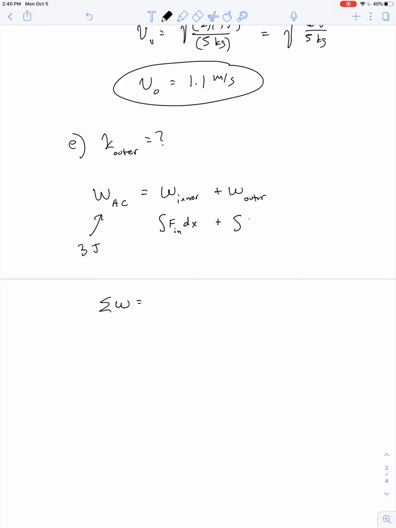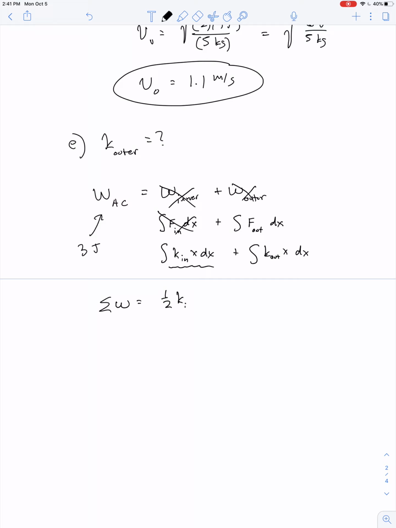plus the integral of F outer dx. But because these are ideal springs and they're governed by Hooke's law, we can replace the force with kx. So k inner x dx plus the integral of k outer x dx. So this means the net amount of work is equal to, what's the solution to this integral? 1/2 kx squared.